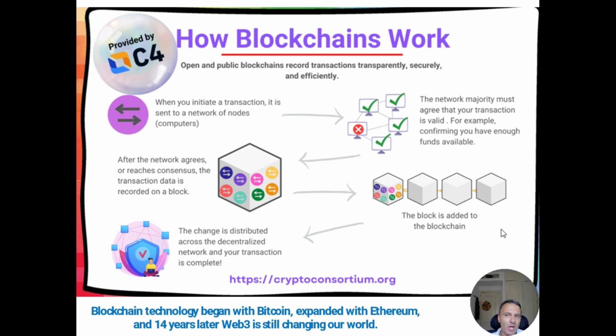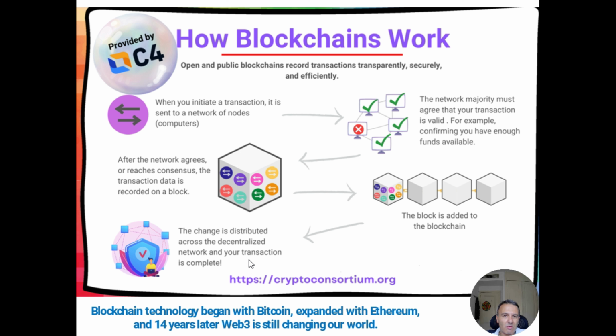So in effect, the blockchain being a public ledger, in terms of how it's organized inside the ledger, it's arranged as a series of blocks where a brand new block that contains a new transaction gets added on to the block, and so on. So you'll end up with an extremely long sequential list of different blocks held in the blockchain. Once the change is distributed across the decentralized network of computers, your transaction at that point is effectively complete because it's recorded at that point.